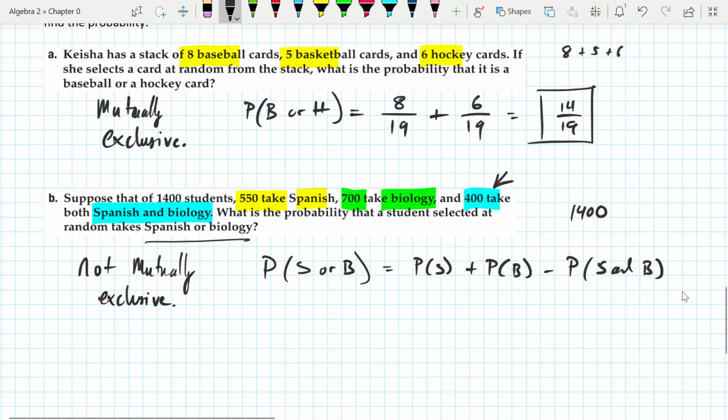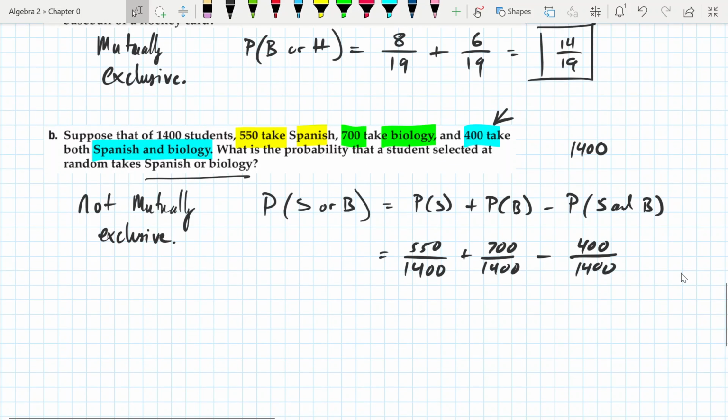There are 550 taking Spanish, 700 taking biology, and 400 that take both. They all have a common denominator. So we have 550 plus 700 minus 400 over 1,400.